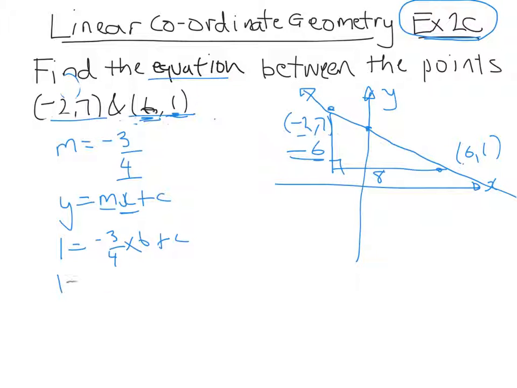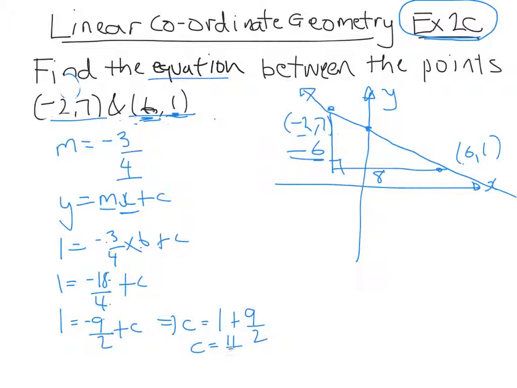So 1 equals minus 3/4 of 6 plus c. 3 times 6 is 18 over 4, which simplifies down, half of 18 is 9, half of 4 is 2, to 9 over 2. So c is equal to 1 plus 9 over 2, c is equal to 11 over 2.